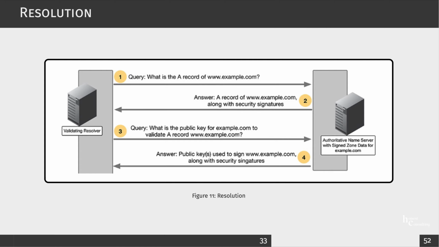The authoritative server is providing an answer for the public keys that were used to sign the example.com, which means this is the public portion of our zone signing key plus the signature of this DNS key resource record.